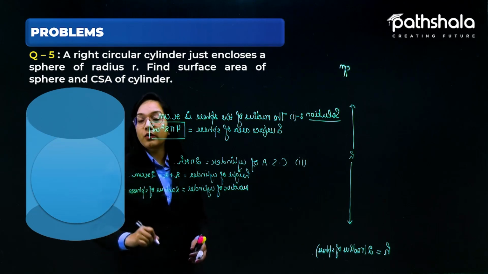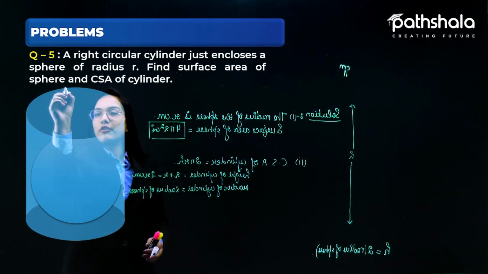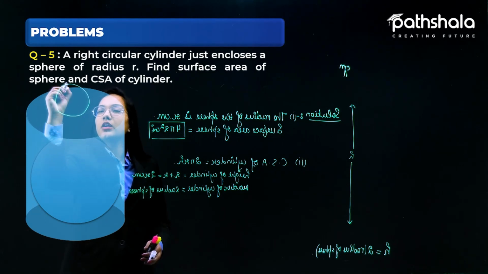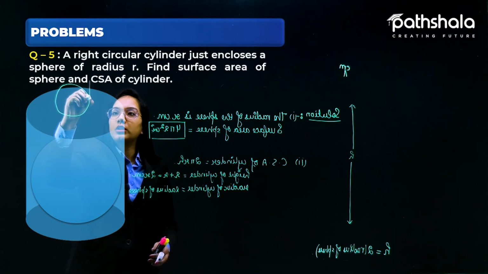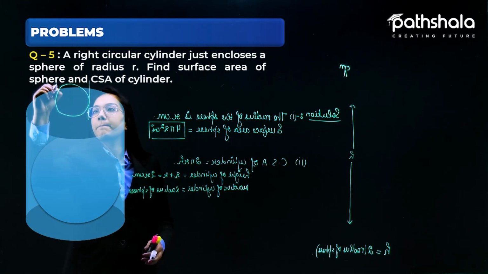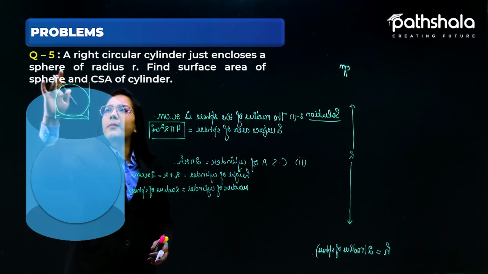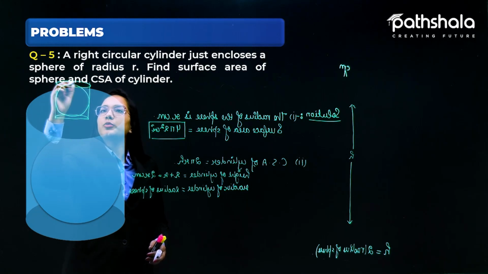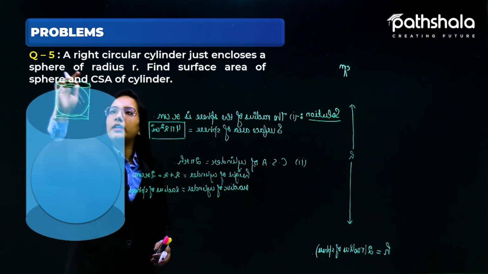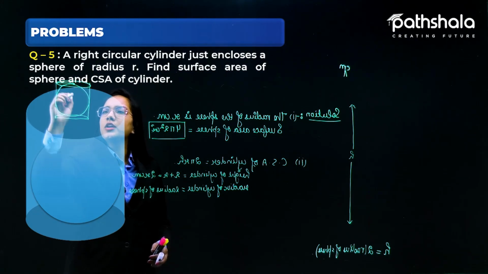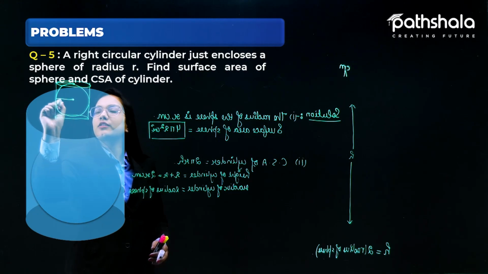If I form up this figure, with this being the sphere and this being the cylinder around it, then its radius would be the same as that of the sphere.